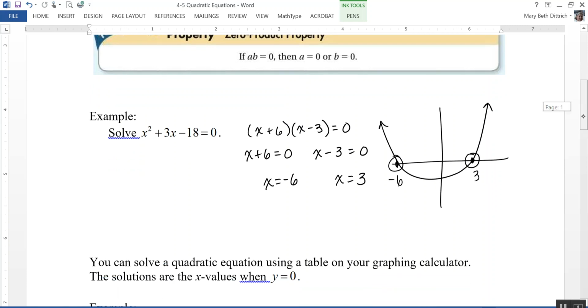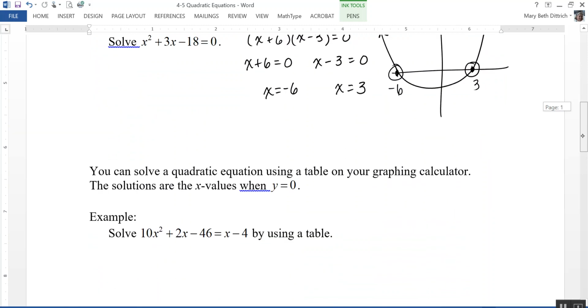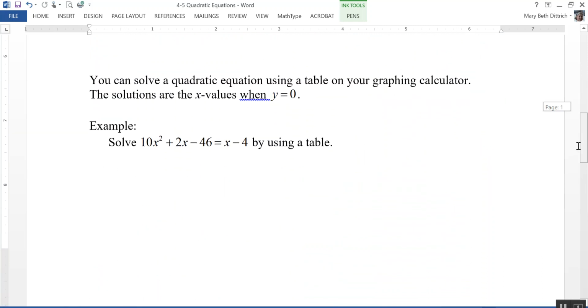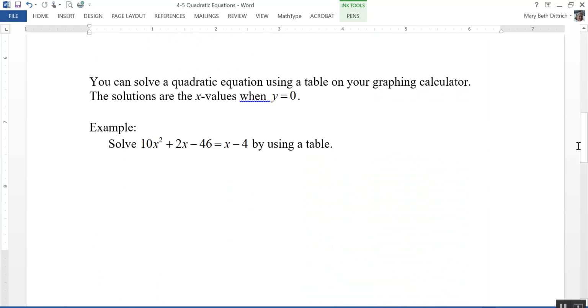Now, as long as we're talking about graphing, you can also solve a quadratic equation by using a table on your graphing calculator. The solutions are going to be the x values when the table shows you that y is equal to 0. So here's an example. Solve 10x squared plus 2x minus 46 equals x minus 4 by using a table. In order to make this happen, I need to have the whole thing equal to 0.